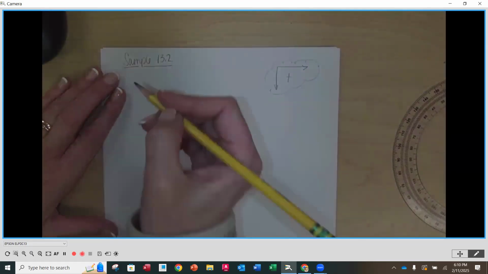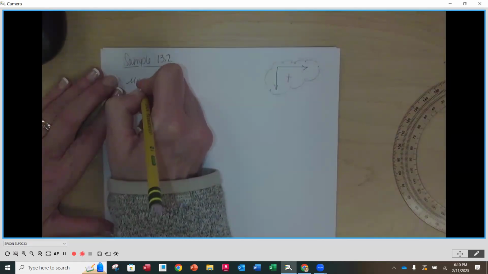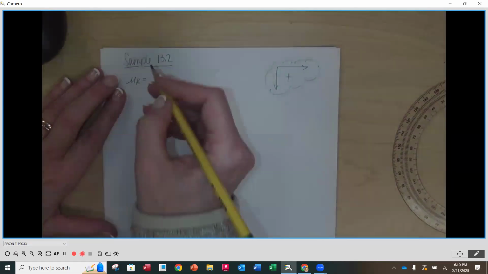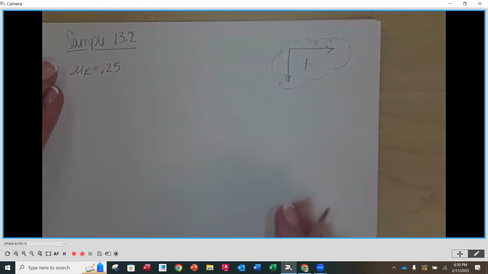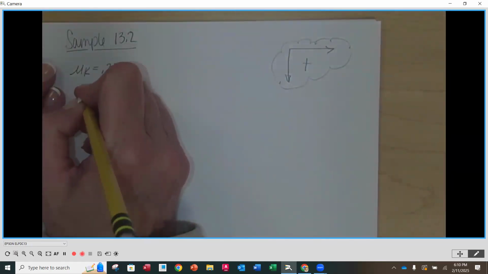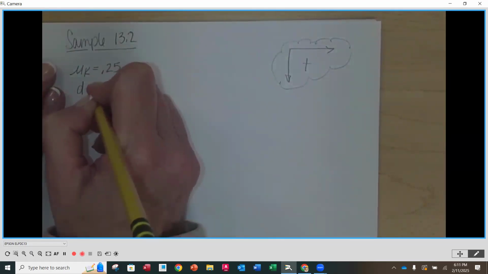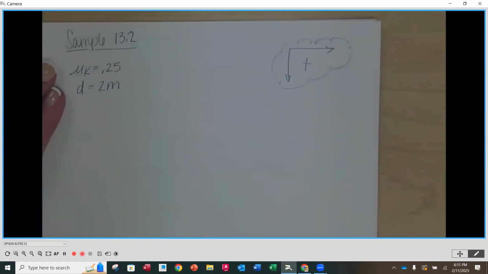Now, what we're given in our problem is the coefficient of kinetic friction, and that's going to be 0.25. Our distance is 2 meters. That's what we want to know, what the velocity is after it's traveled 2 meters.